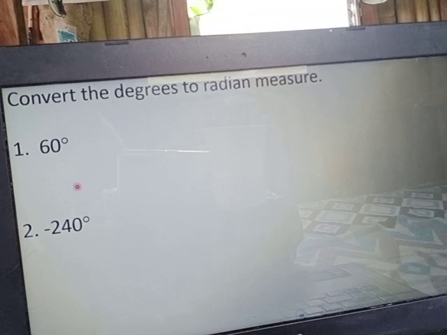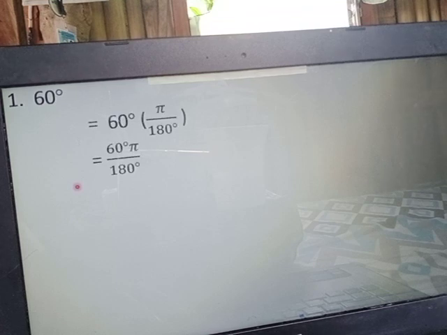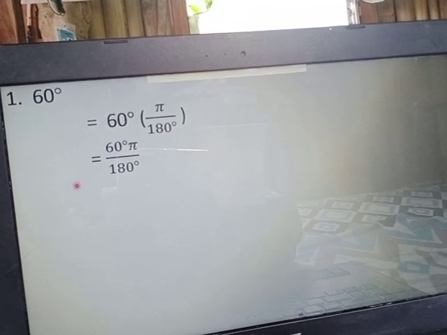So let's try this one. Convert the degrees to radian measure: 60 degrees and negative 240 degrees. Let's start with 60 degrees. We have 60 degrees multiplied by pi over 180 degrees. So multiply 60 degrees by pi, and then we have 180 degrees.